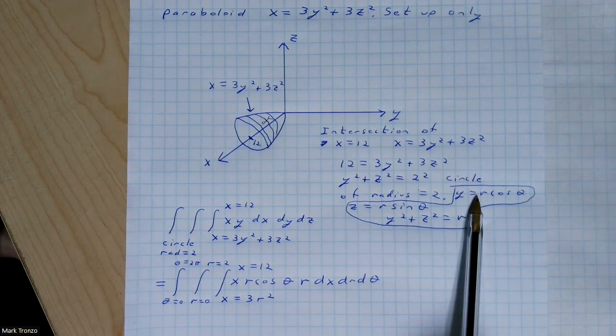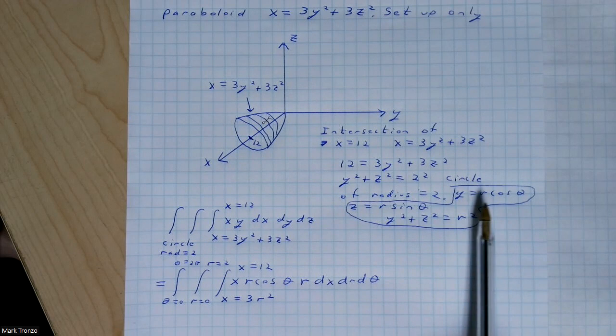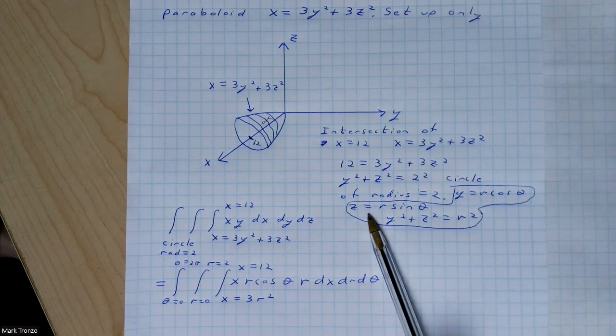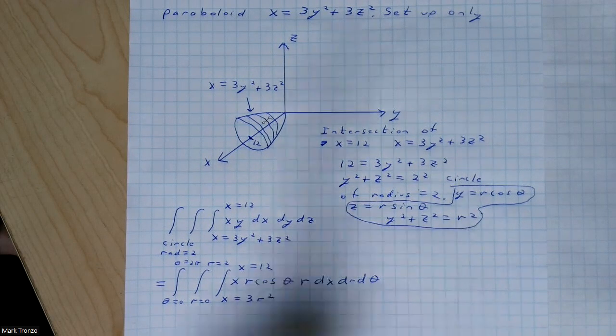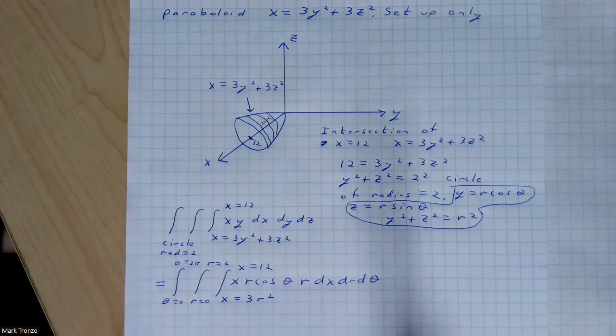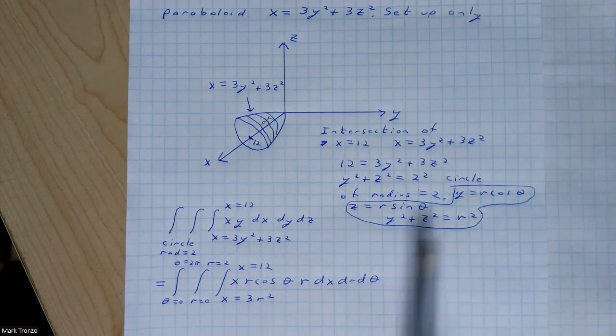And since it's a circle, always convert to polar. So polar will be y equals r cos theta, z equals r sin theta, and then y squared plus z squared is r squared. And then go ahead and make your substitution, x equals 3r squared, because y squared plus z squared is r squared.